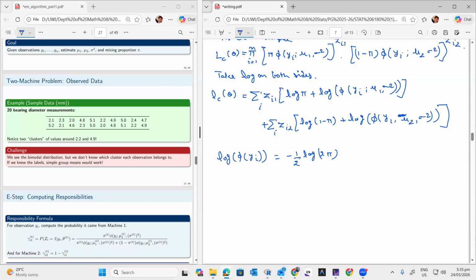So it will be minus 1 by 2 log 2 pi minus 1 by 2 log of sigma square, minus yi minus mu k whole square divided by 2 sigma square, for k equals 1 to 2. So that is your log of the density function.